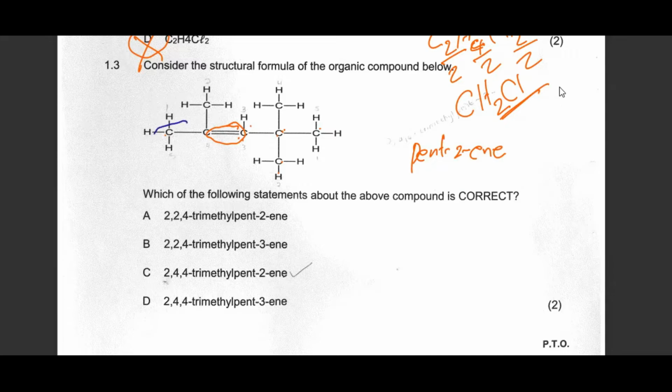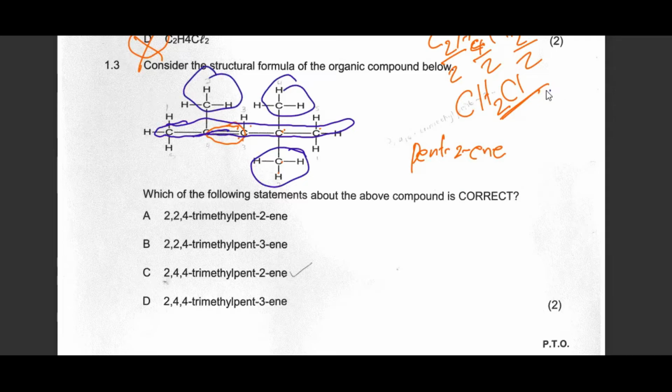If now I say that this is the longest chain, it means that this and this become the side groups.